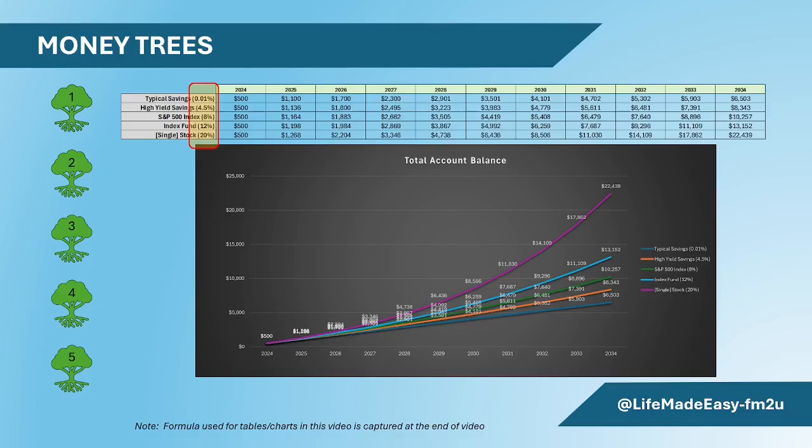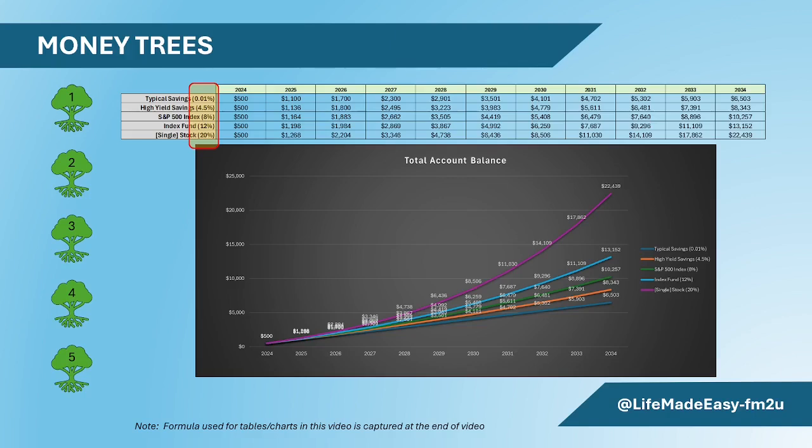The key observation is to understand the choices you have that can limit or accelerate the growth of the money tree. This chart is capturing total account balance given an initial $500 starting point with $50 monthly deposits over a 10-year period. The power of compounding cannot be realized at very low interest rates, such as those associated with a typical savings account.